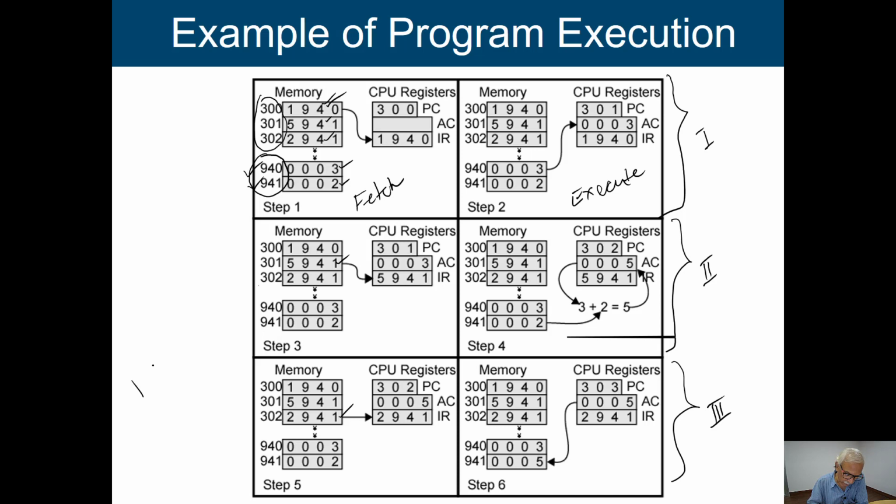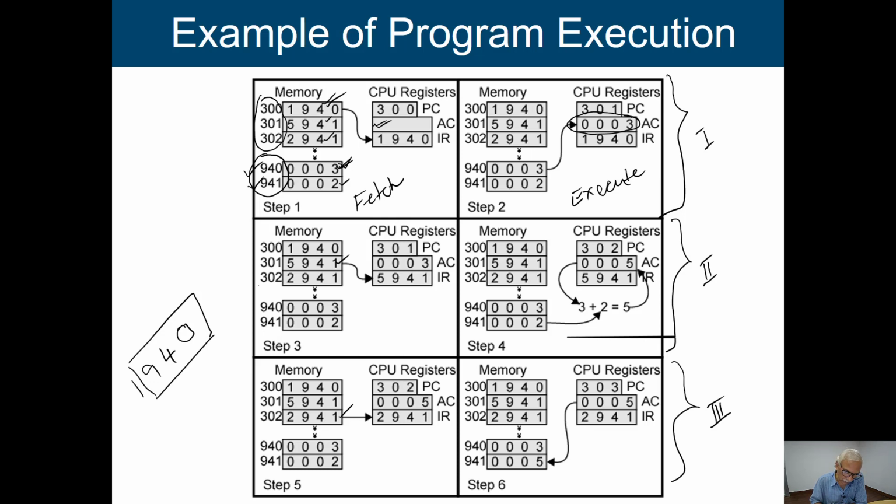You see it is 1940. Now 940 is the address of a memory location, and in this memory location we are having the information 3. After execution of this instruction, initially we have some garbage value in the accumulator register, but after execution of this step, 3 has gone to the accumulator.